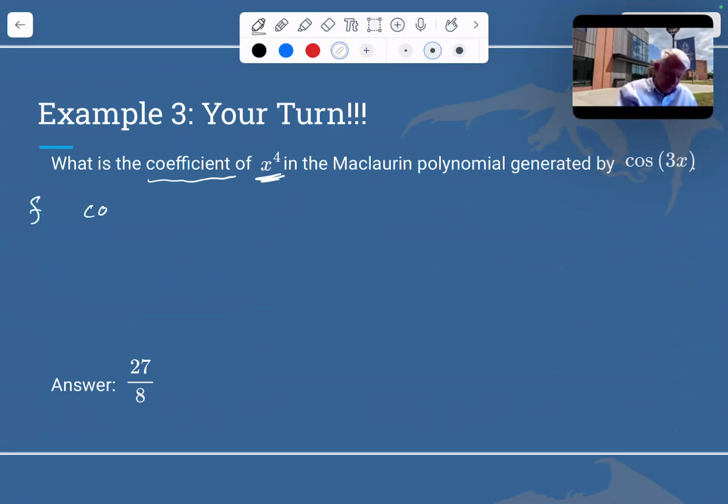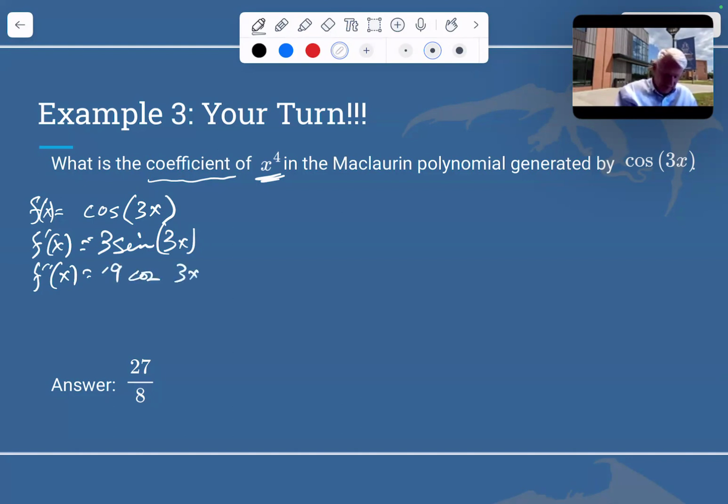So let's say I've got f of x is equal to cosine of 3x. Then the first derivative is going to be negative 3 sine of 3x. The second derivative is going to be negative 9 cosine of 3x.